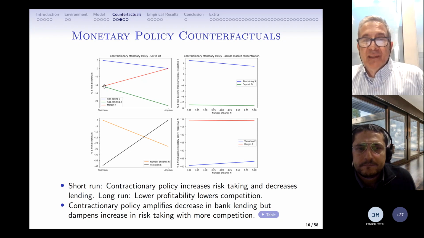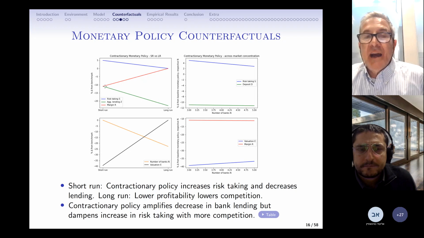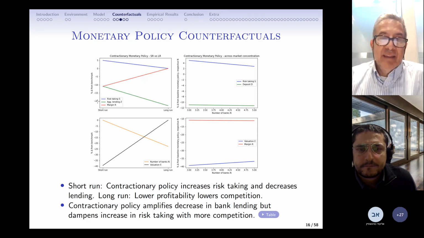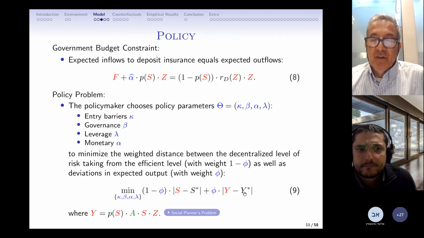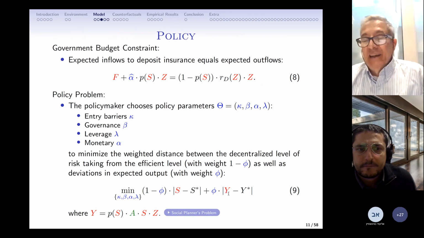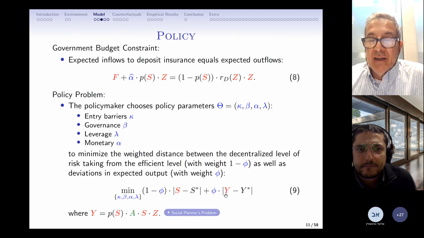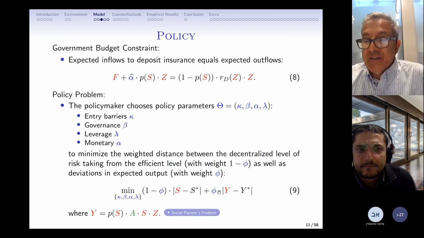When the impact effect of a rise in the Fed funds rate is a decrease in aggregate lending, that's cooling off an economy in the way that, when I come over here, that's going to have an impact on Y. When we do our policy experiments, we're also thinking about how it affects aggregate output in the economy.